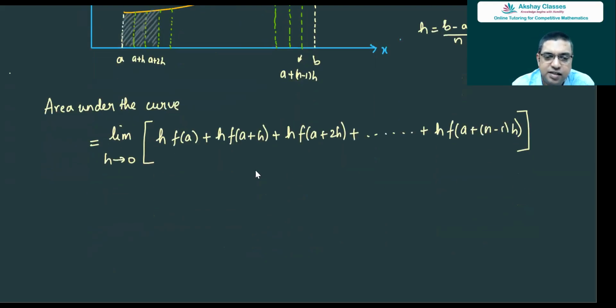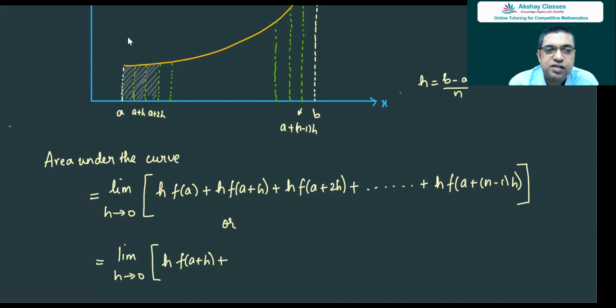Or this is also equal to h times f of a plus h. What am I doing here? See, what is this first term? h times f of a. h is this width. f of a is this height.